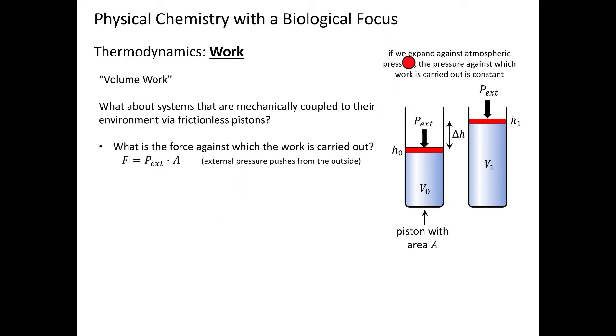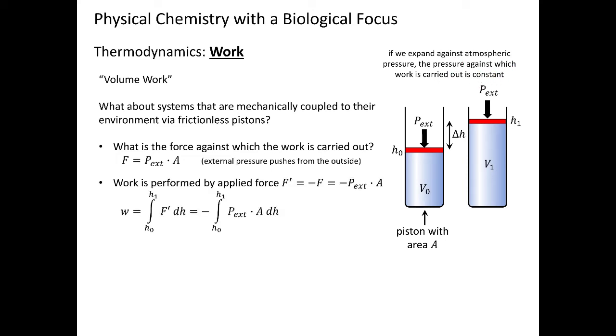The external pressure is the atmospheric pressure. The atmosphere doesn't really care if that piston expands or not. The atmospheric pressure is going to be constant, which makes things, again, quite simple. So we learned that the work is not performed by the force against which we are working, but by the opposite, the applied force. We call it again F prime, and it's exactly the opposite.